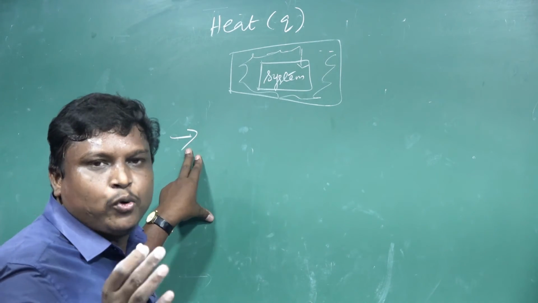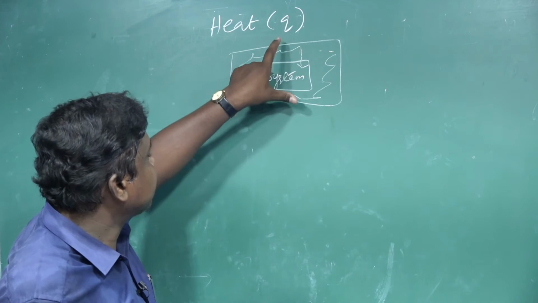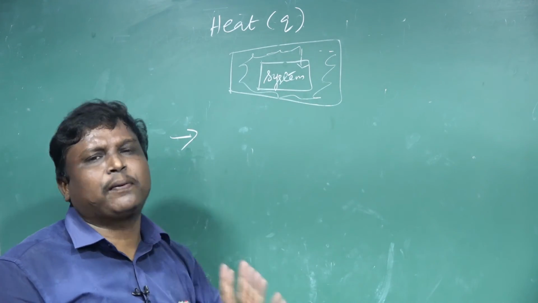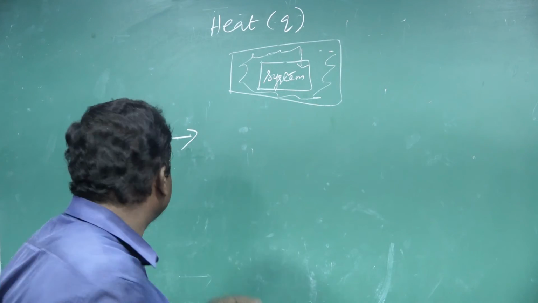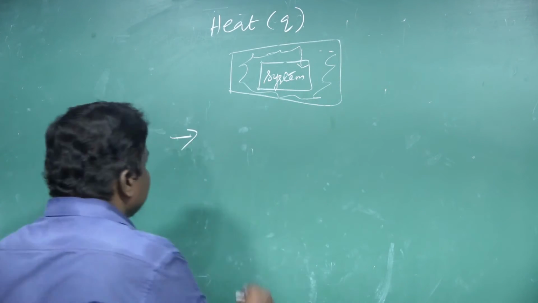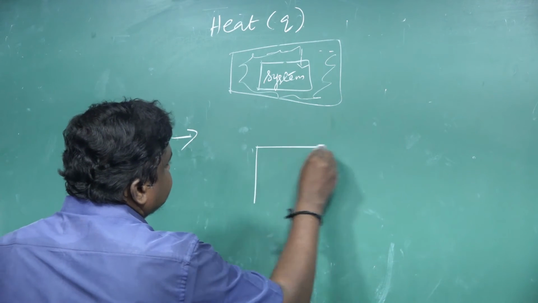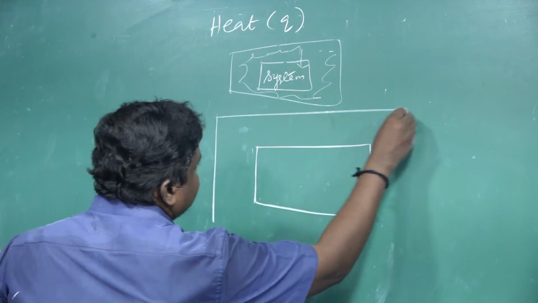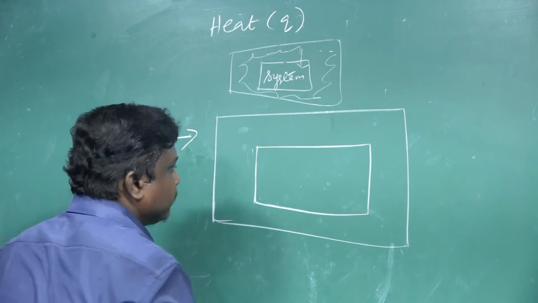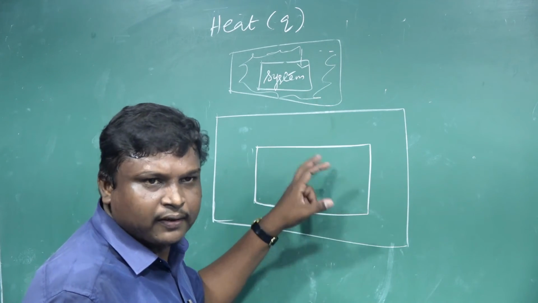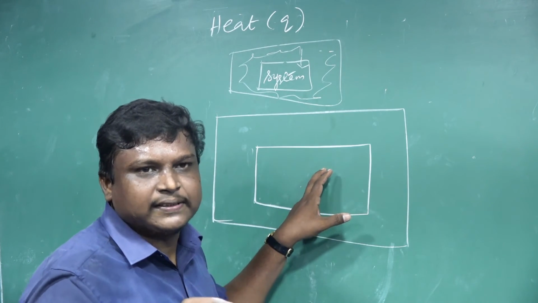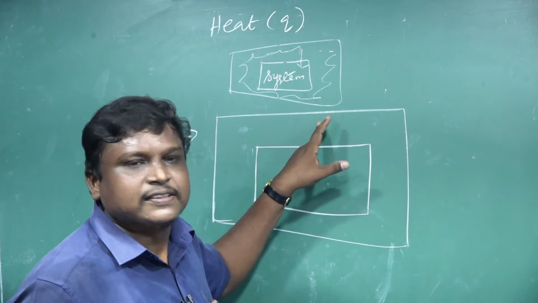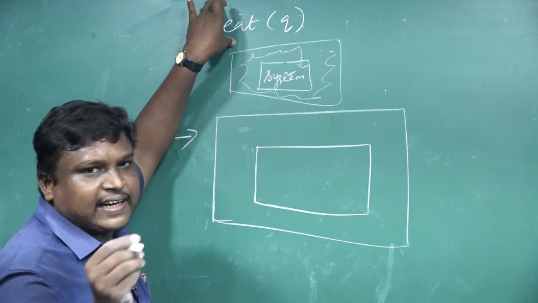First point: a boundary separates the system and the surrounding, which are at different temperatures. The energy transferred across the boundary from the system is known as heat energy.